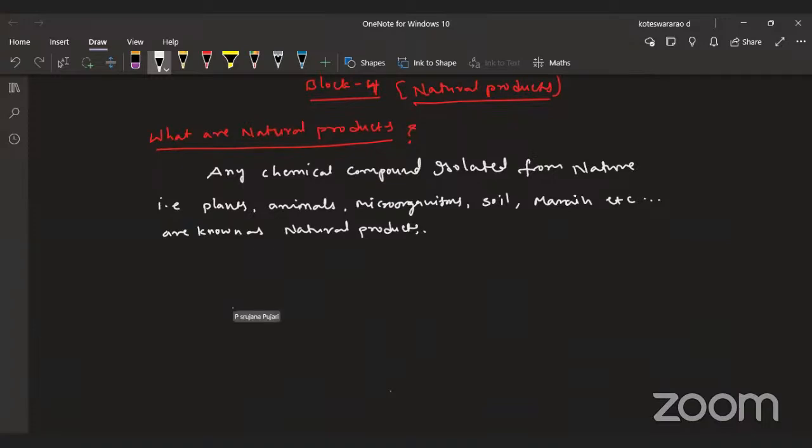Commonly, natural products are classified into different classes.